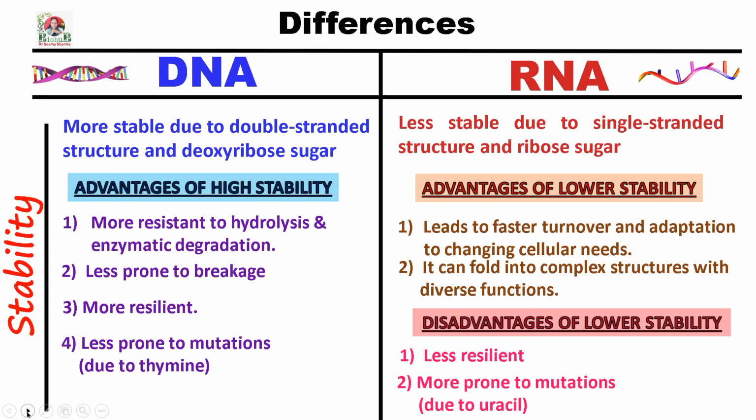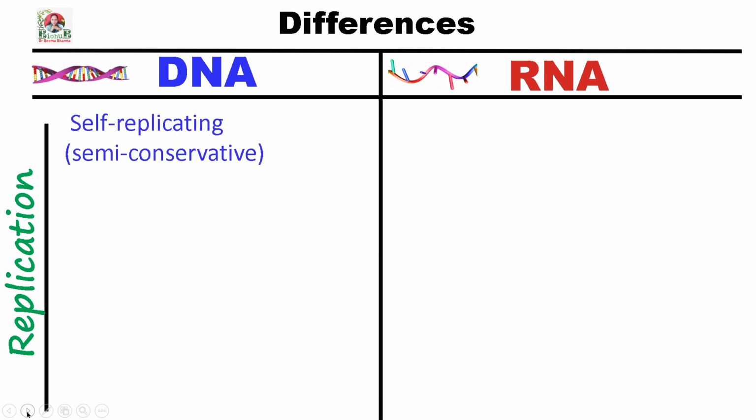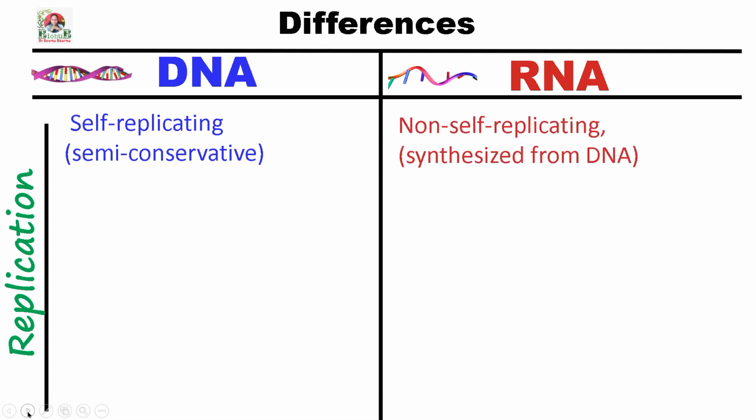Now let's compare the replication ability of these 2 biomolecules. You know, DNA is a self-replicating biomolecule and its mode of replication is semi-conservative. On the other hand, RNA is a non-self-replicating biomolecule. It can only be synthesized from DNA.